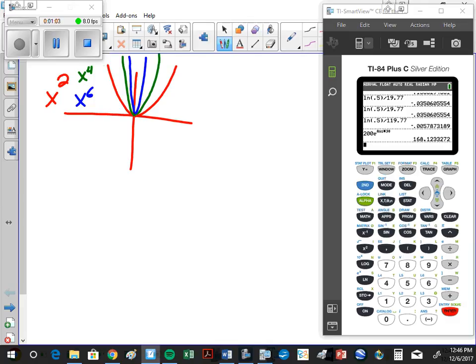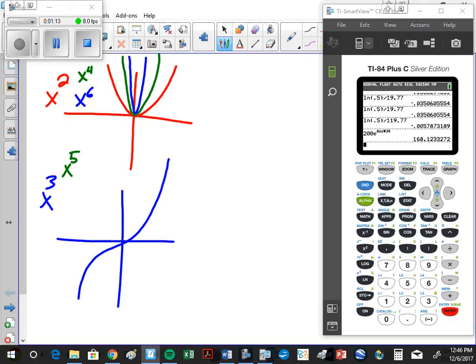And then all of the odd powers, like x to the 3rd, look something like this. So that would be x to the 3rd. X to the 5th would be taller, and it appears to be a little skinnier. X to the 7th would be even taller than that, and so on. Now, an x to the 7th equation can actually hit the x-axis 7 times.